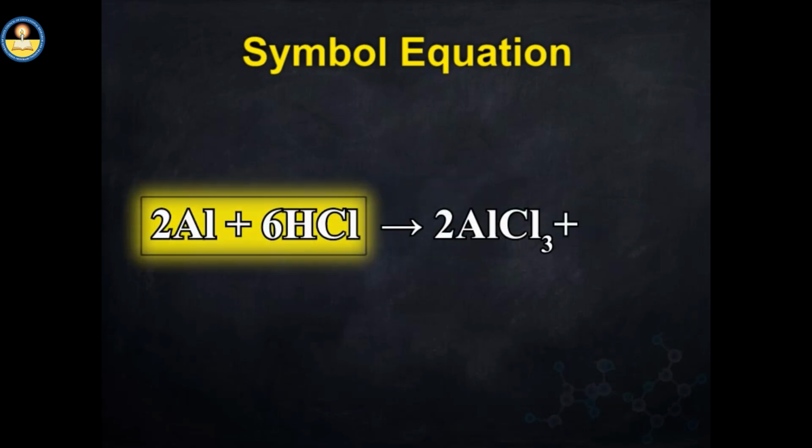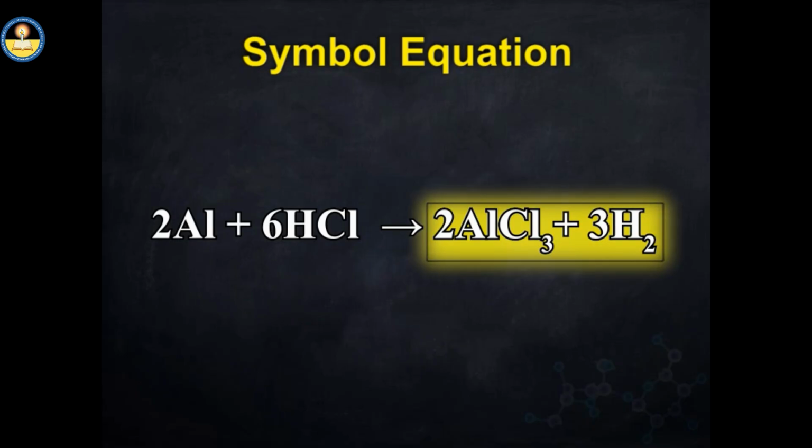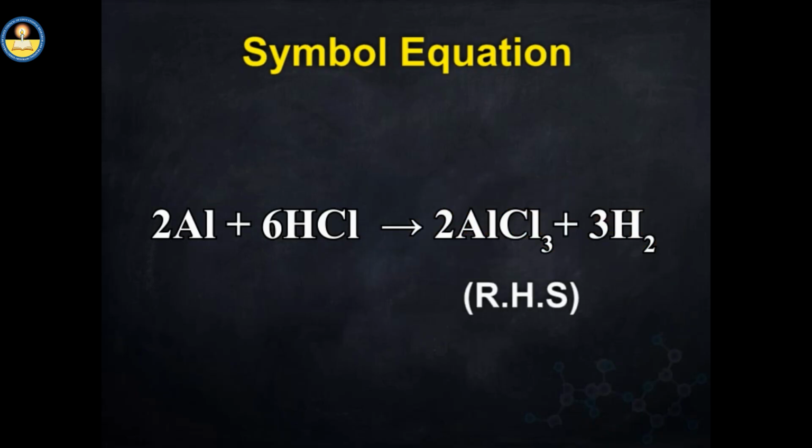Symbols and formulae of all reactants are written on the left-hand side of the arrow with a plus sign between them. Similarly, symbols and formulae of all the products are written on the right-hand side with a plus sign between them.